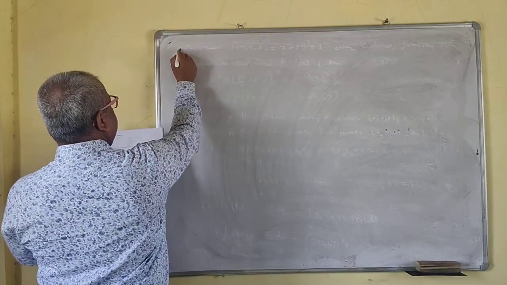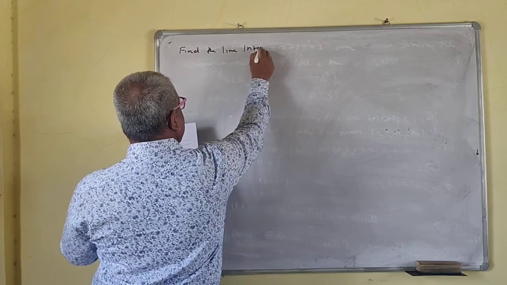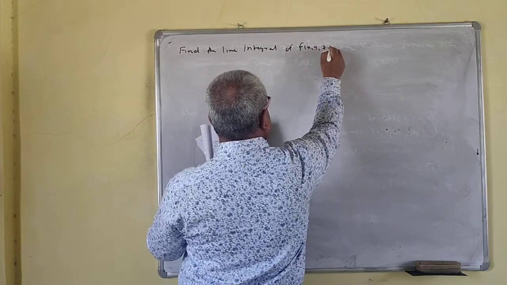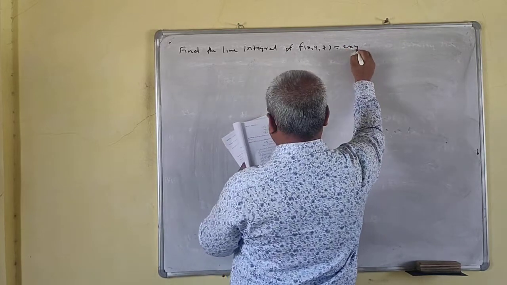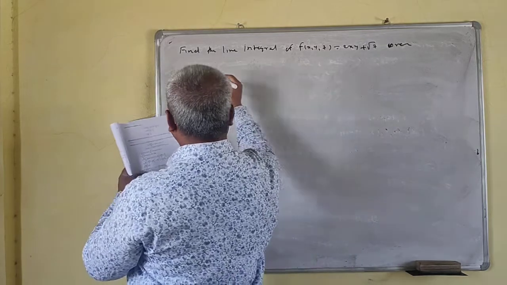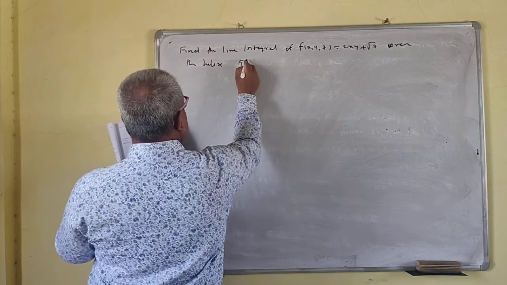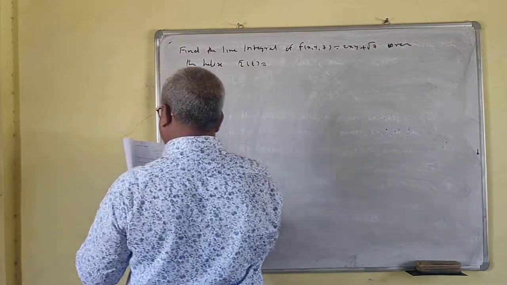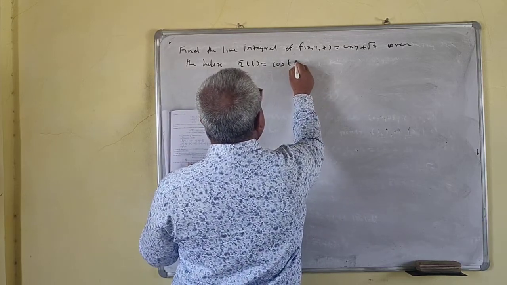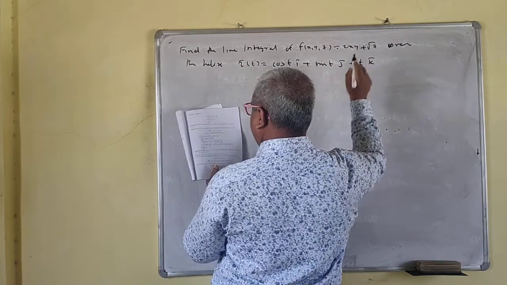Find the line integral of f of x y z is equal to twice xy plus root z over the helix, r bar of t is equal to cos of t i bar plus sin of t j bar plus t k bar.